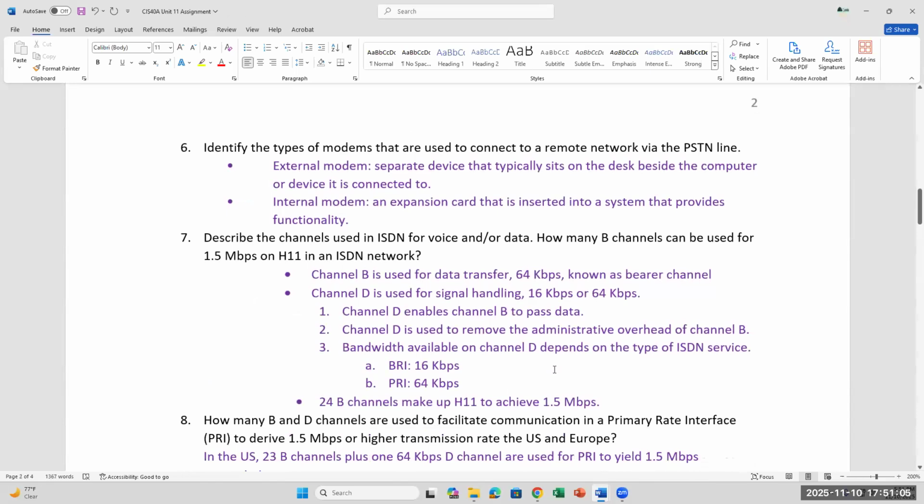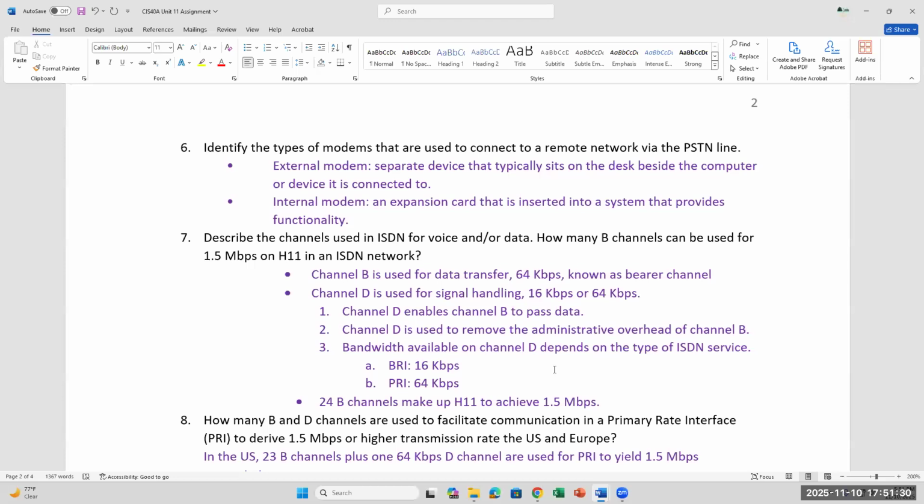Okay, so for number 7, we can describe the channels used in ISDN for voice and/or data. And how was this established? If you look at the next section, it talks about ISDN networks. Just like A+ and Security+, you are going to receive randomly drawn questions from a pool of questions.